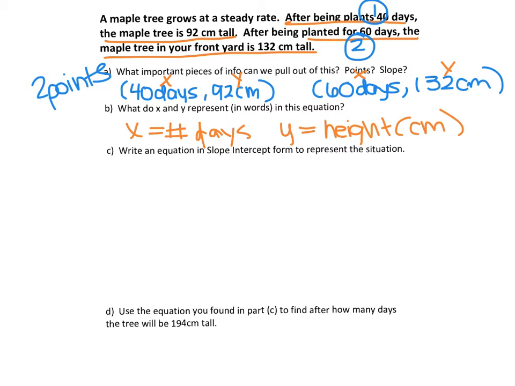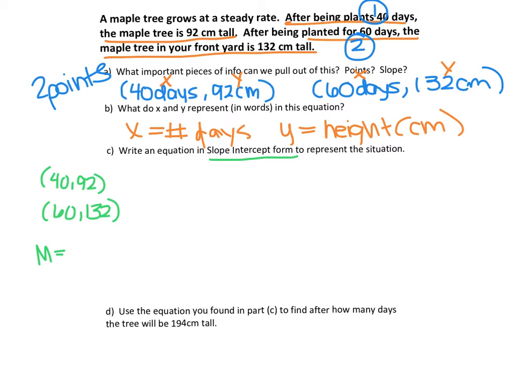So now we're going to write our equation ending in slope-intercept form. So we start off and we look at the information we've been given. We have (40, 92), and we have (60, 132). And so what I'm noticing here is I have 2 points, but I do not have my slope. So I'm going to need to calculate my slope value.